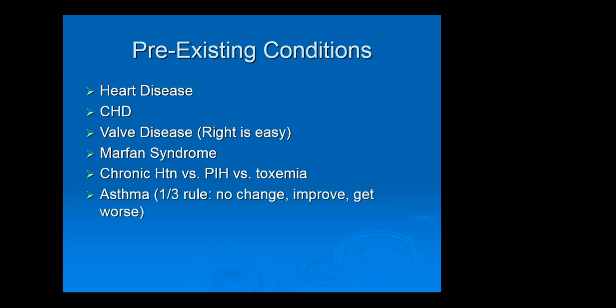Back up above valve disease, I think I skipped over the coronary and heart related diseases. The asthma, back then, has the one-third rule. Some have no change, some improve, some get worse. And seizure disorders and how to manage seizures if that is a common finding in mom.